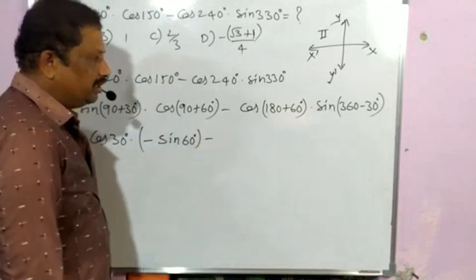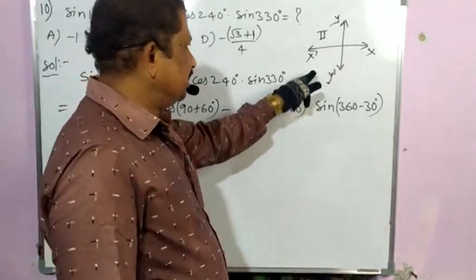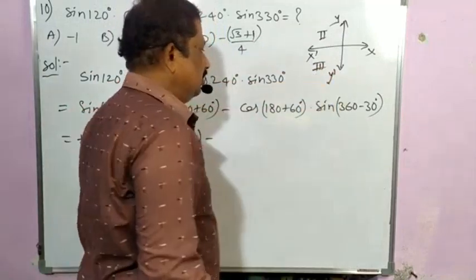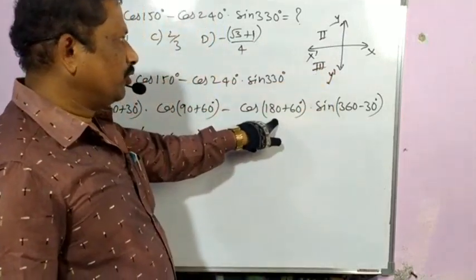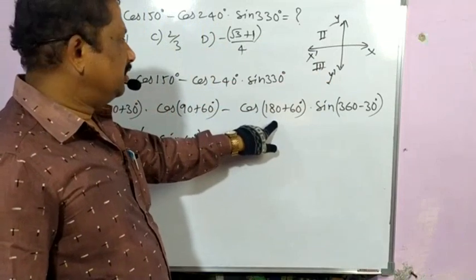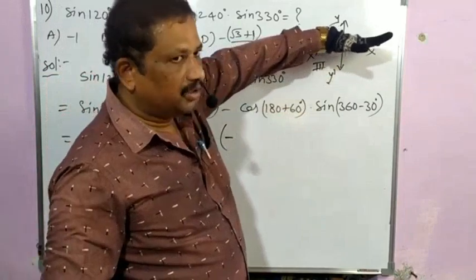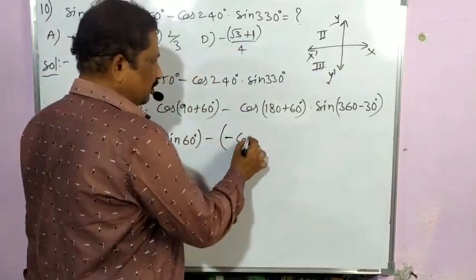Minus cos 180 plus 60: third quadrant. In the third quadrant only tan and cot are positive, cos is not, so minus will come. It operates on the x-axis, ratio does not change, so cos 60 only.